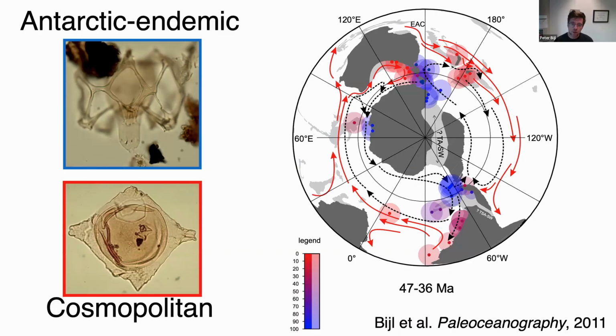And the regions where those endemic dinoflagellate cysts are absent are the places where basically subtropical, warm currents are captured, for instance, South Australia and the Australian Antarctic Gulf. And so that makes this dinoflagellate cyst distribution a pretty good confirmation of the modeled ocean circulation prior to gateway opening.